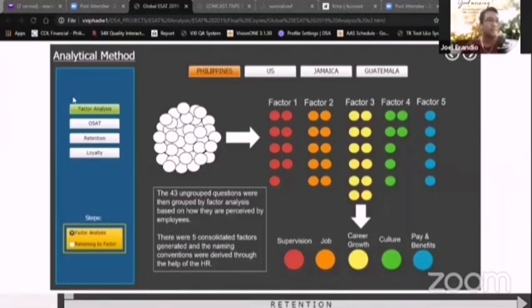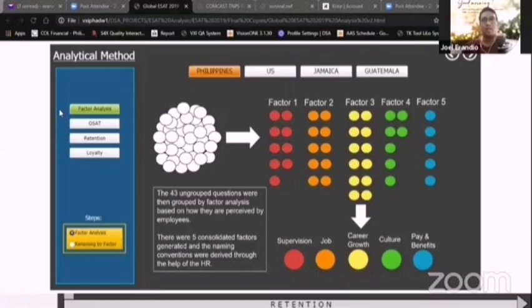So what we did, originally the questions had groupings. Let's say this is work condition, the other one is about pay, the other one is about peers, something like that. But in the analysis that we did, we didn't follow those groupings. Instead, we applied what we call factor analysis. Why?